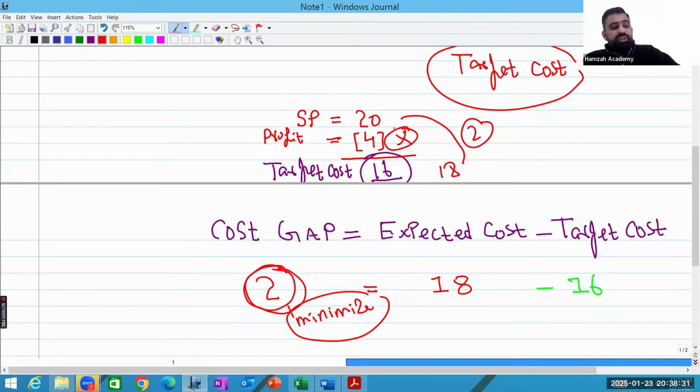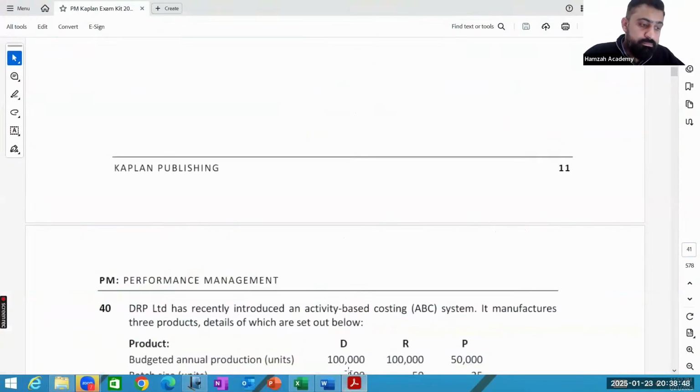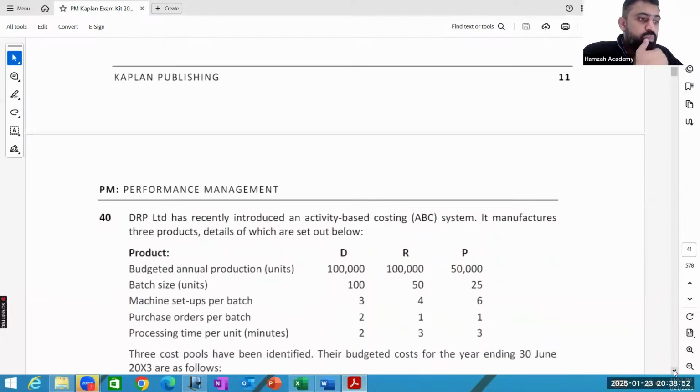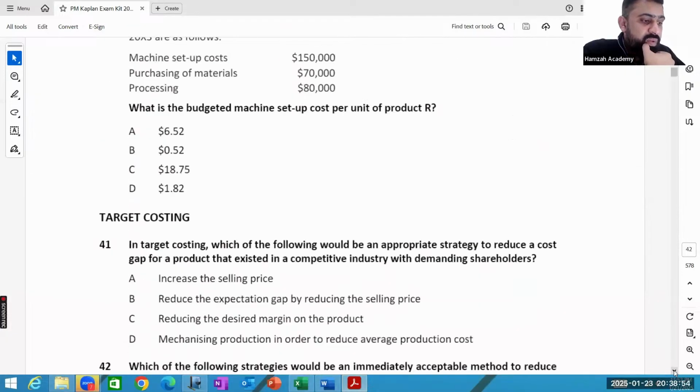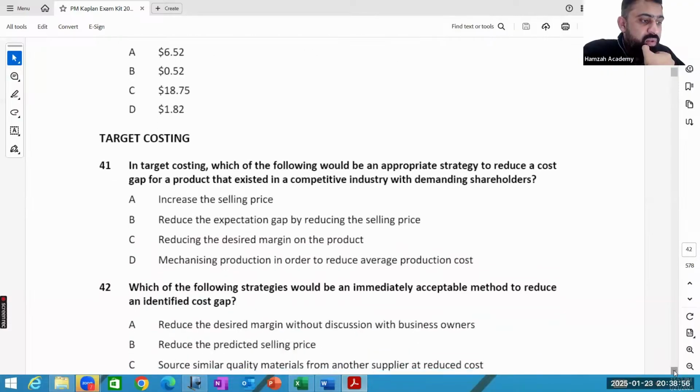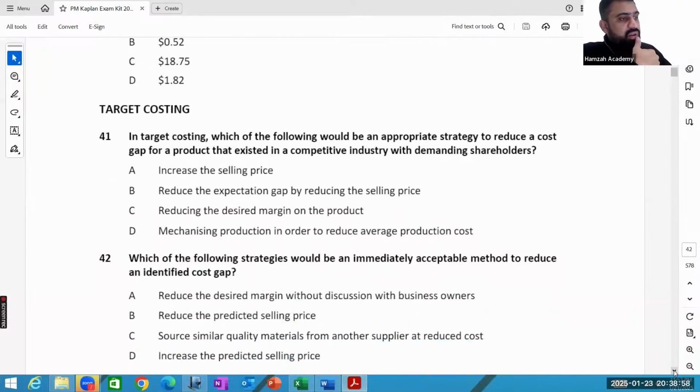And this concept is known as target costing. Got it? Any question?